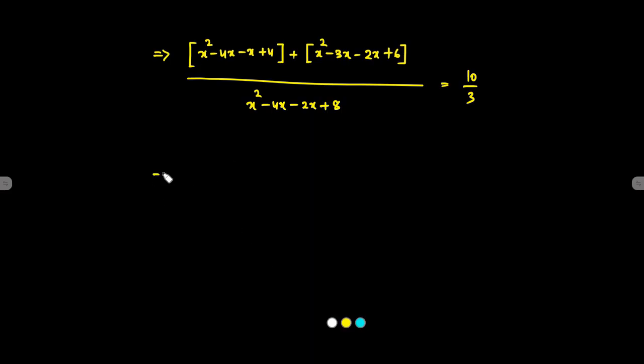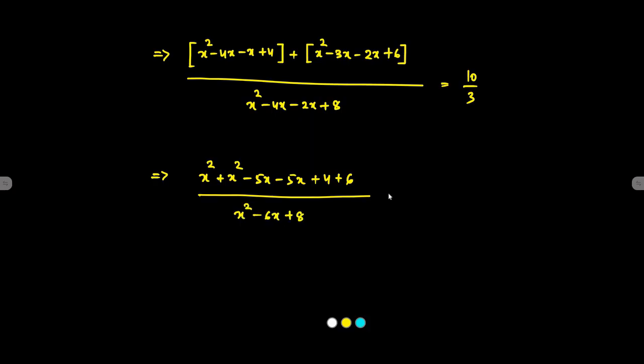That implies, when we open the bracket, it becomes x square plus x square minus 4x minus x, that is minus 5x, here minus 3x minus 2x, also minus 5x, then plus 4 plus 6 by x square minus 6x plus 8 is equal to 10 by 3.